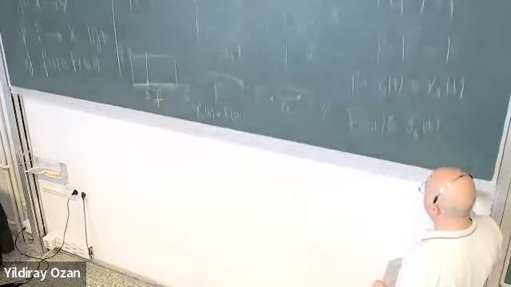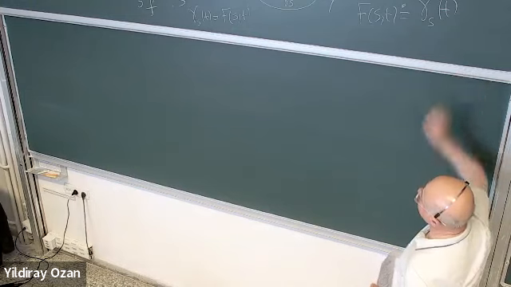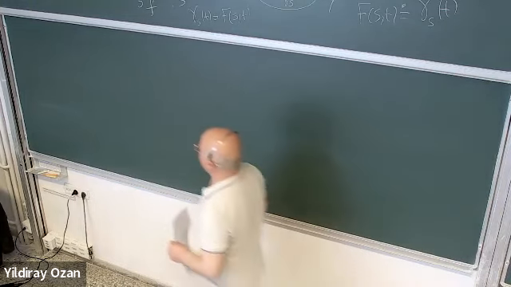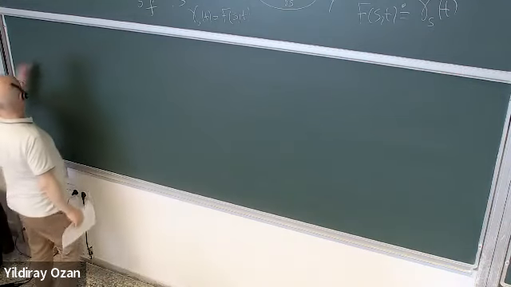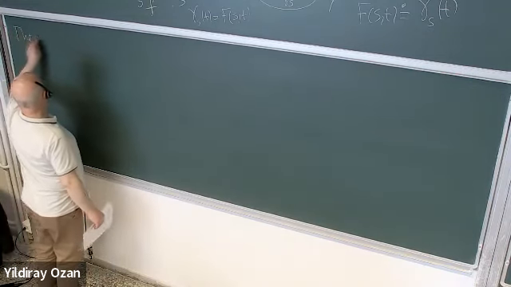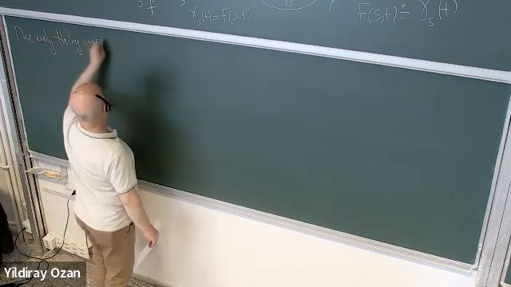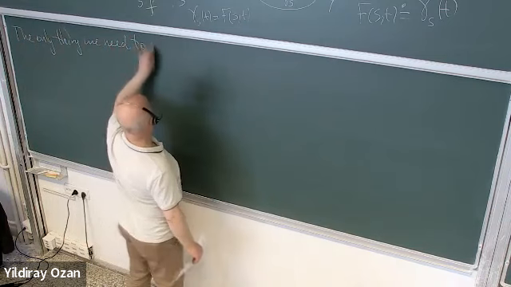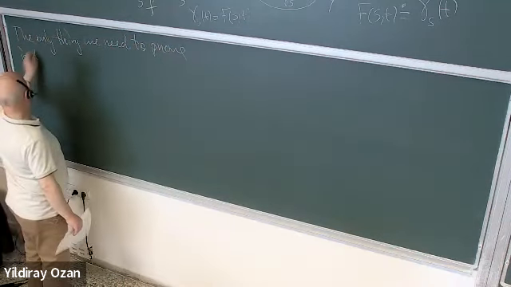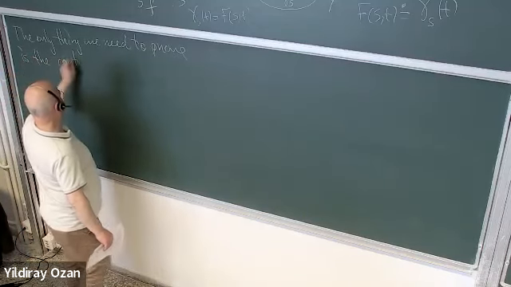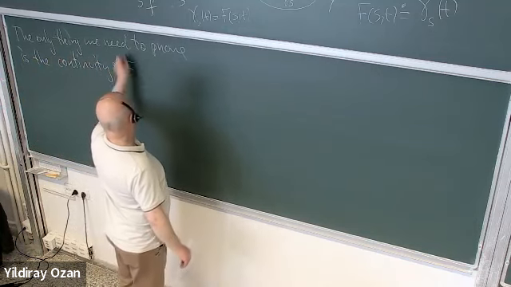The only thing that was left to finish the proof of this is the continuity of F tilde. So the only thing we need to prove is the continuity of F tilde.